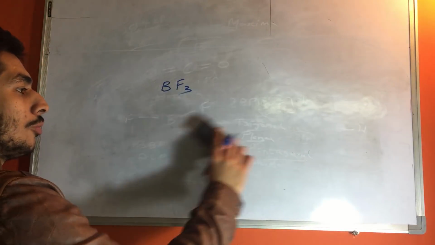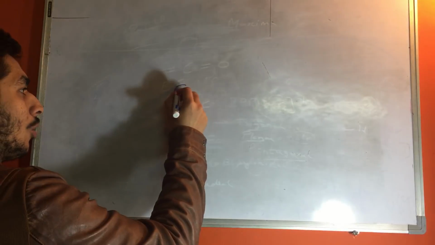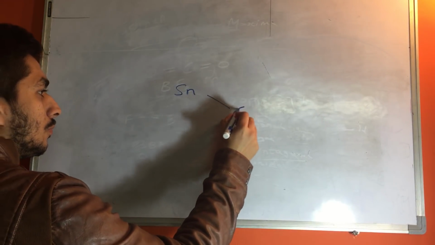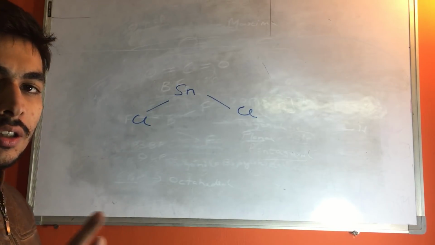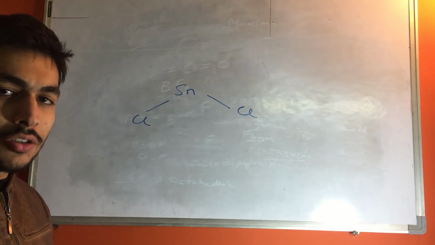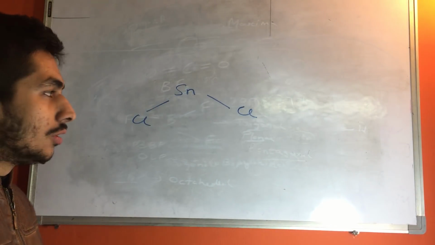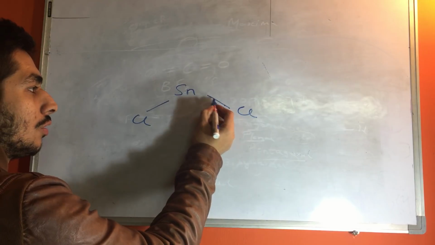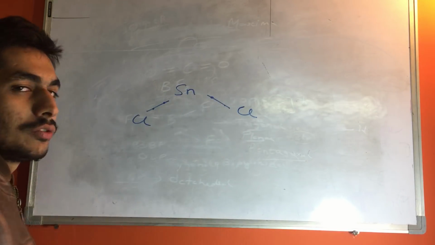But what if we talk about a compound which has 2 bond pairs and 1 lone pair? If I take a compound SnCl2, now Sn is in the group of carbon, so that means it has 4 electrons in its valence shell. Now 2 of the electrons are participating in bonding: chlorine gives 1 electron, Sn gives 1 electron. Similarly, Sn gives 1 electron, chlorine gives 1 electron over here.